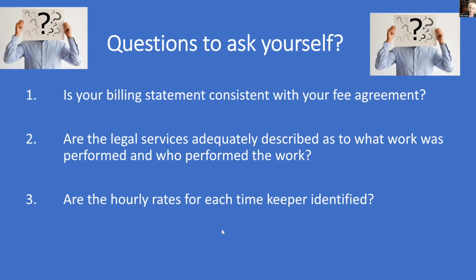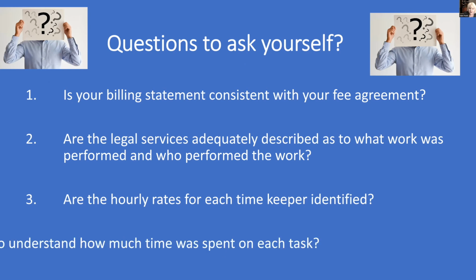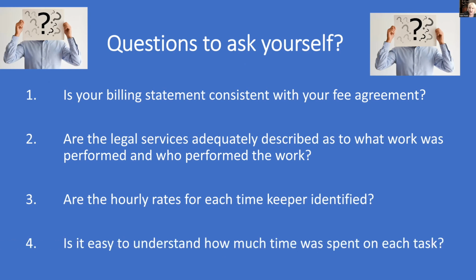Are the hourly rates for each timekeeper identified? So if you have a paralegal at a different rate, is it clear that it's the paralegal or an associate or someone else that you are charging an hourly rate for? Is it easy to understand how much time was spent on each task? So that's what we talked about a moment ago.